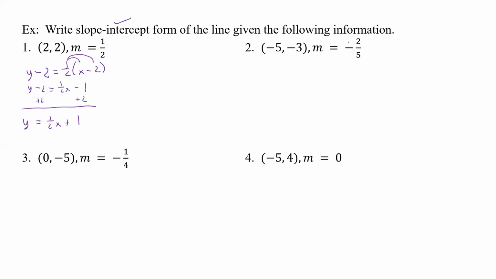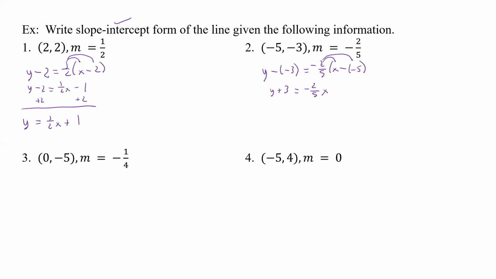All right, what about here? Well, now we have this point and this slope, and so we're going to say y minus, well, y1 is -3, equals m, -2/5, times x minus x1, which is -5. So now we have y plus 3 equals, now this is actually x plus 5 as well, so we're going to take -2/5 times x, and then we're going to take it times that, and so we're going to get -2/5 x.